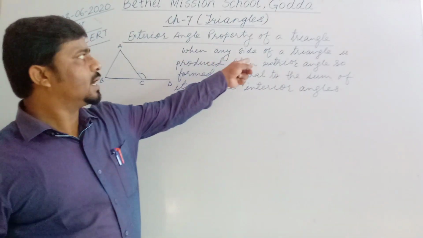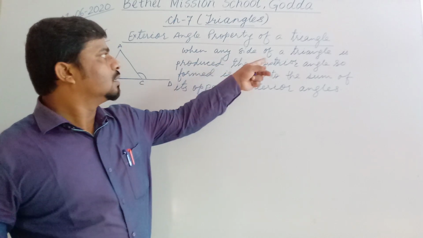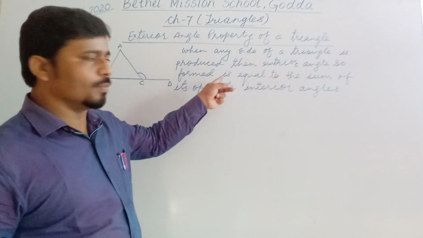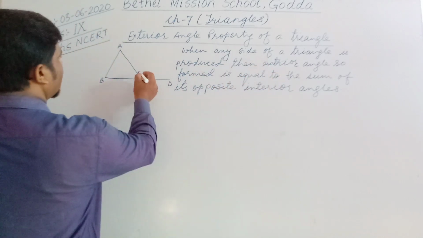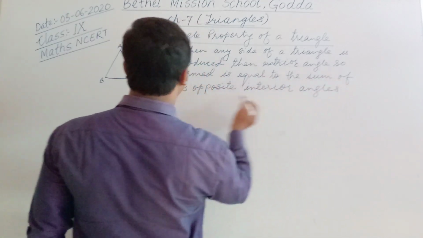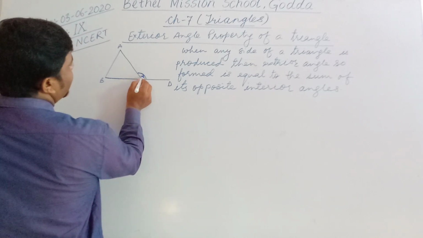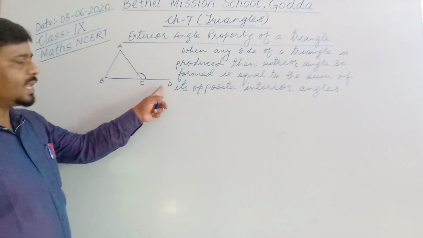When any side of a triangle is produced, then the exterior angle so formed is equal to the sum of its opposite interior angles. And what is that? This is the exterior angle formed, ACD.